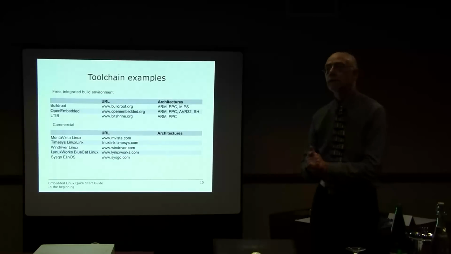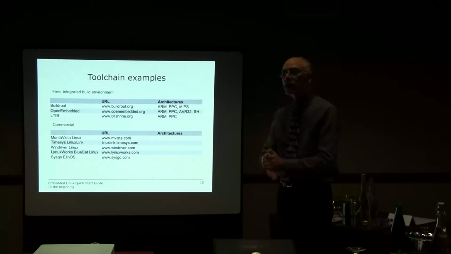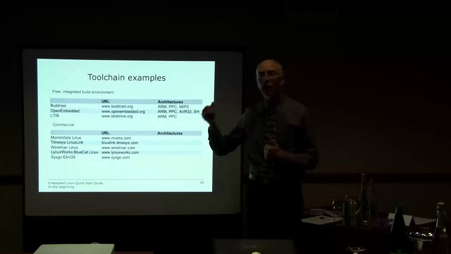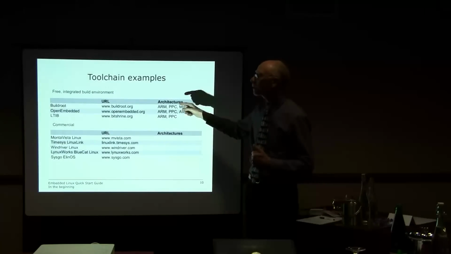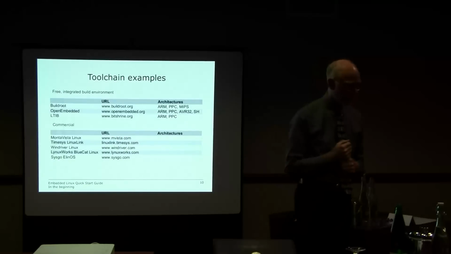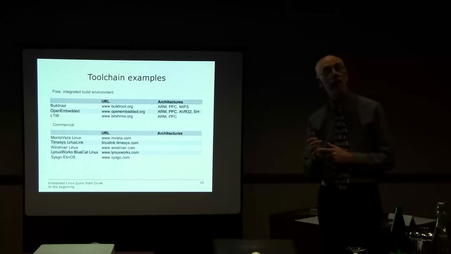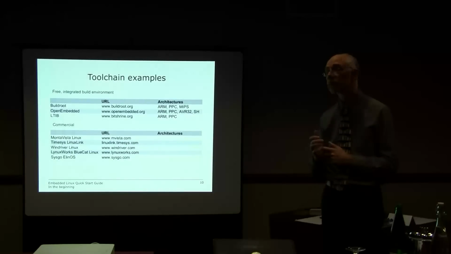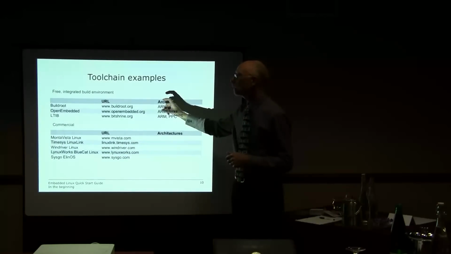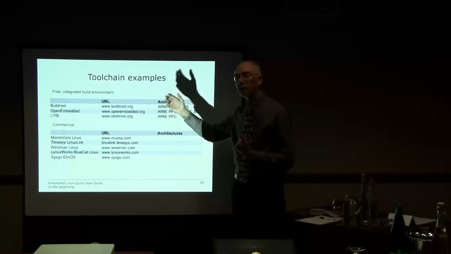More options. If you want to delve a little bit deeper, instead of using a binary distribution, you can get one of these integrated build environment tools, such as Buildroot, Open Embedded, LTIB. Essentially they all have some kind of configuration mechanism.